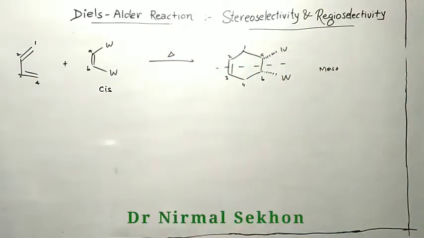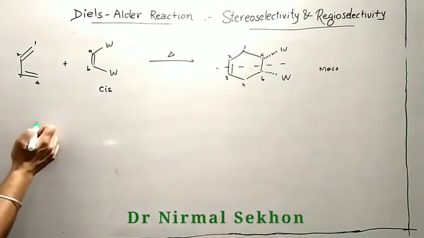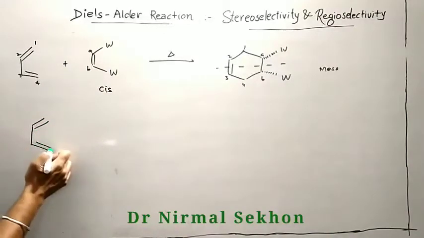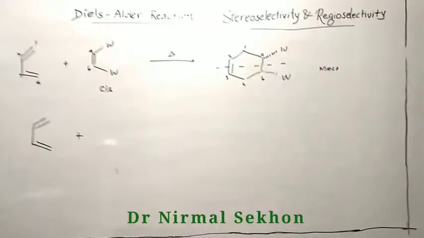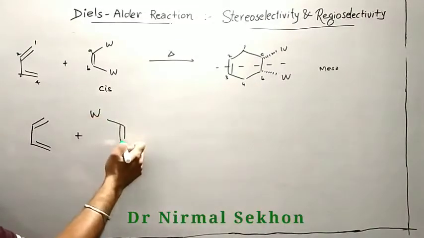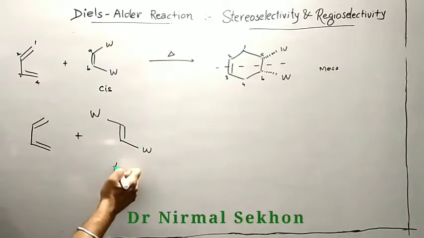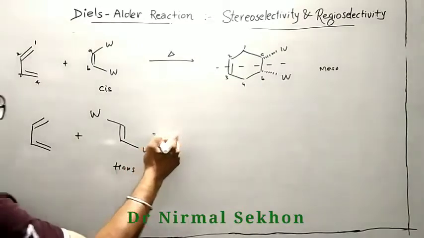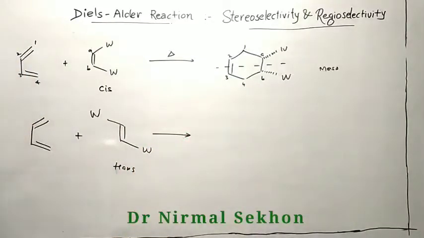That's the same thing. Now, second is when you take this diene and take this trans W like this, like this. So you will take trans. So what do you get here? Now, what is the product?